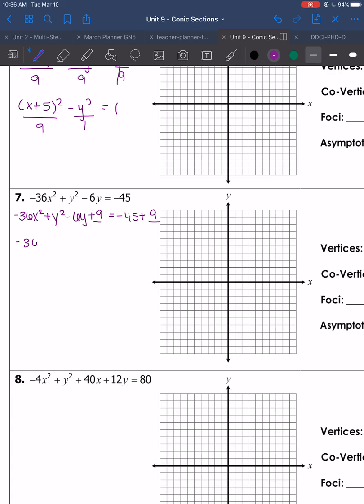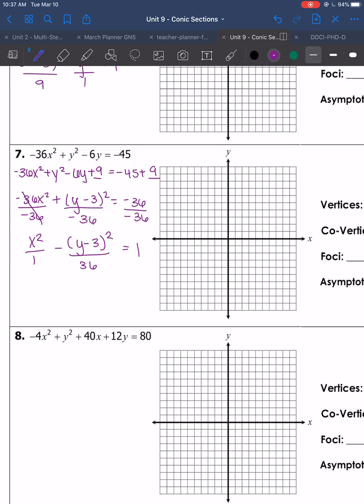So -36x squared, and then I need to factor y minus 3, not plus 3, squared equals -36. Divide everything by -36. So I get x squared over 1 minus (y minus 3) squared over 36 equals 1.